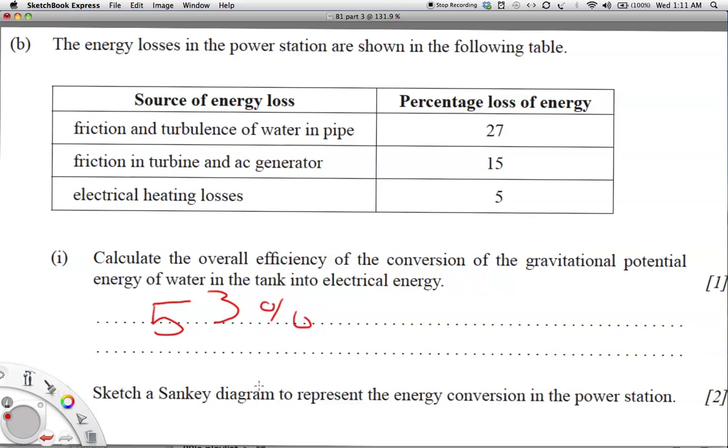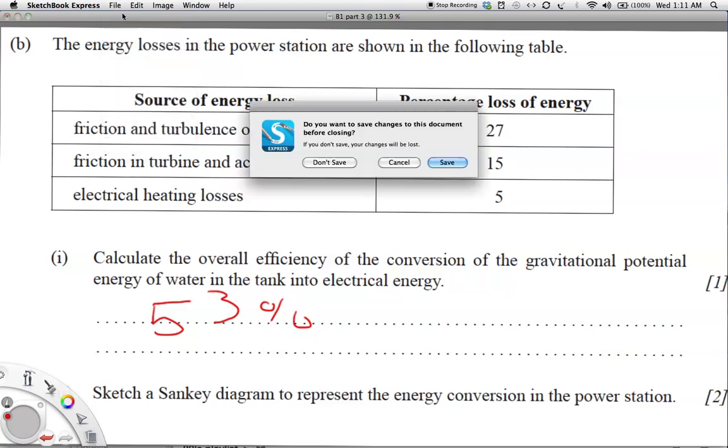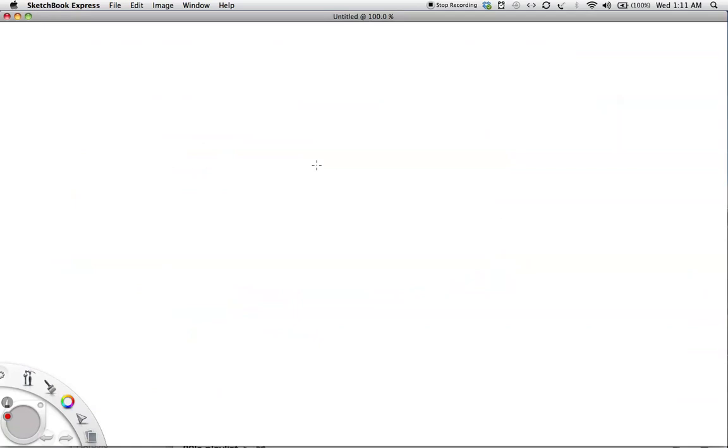Okay, sketch a Sankey diagram to represent the conversions in the power station. So this is going to be a real rough sketch, and it's just kind of an estimate. 53% of the energy is output.